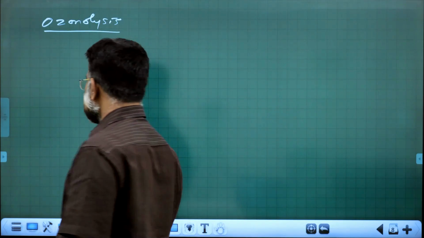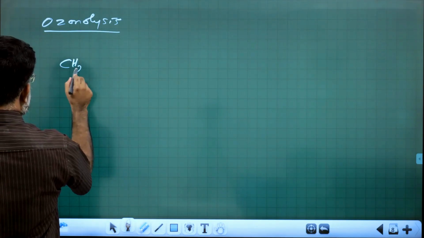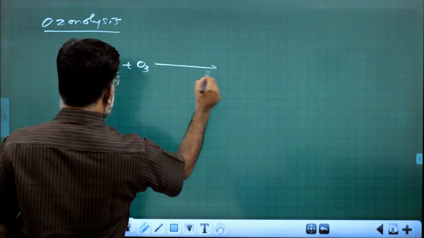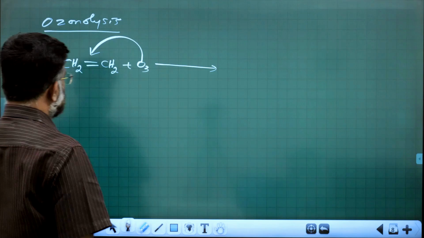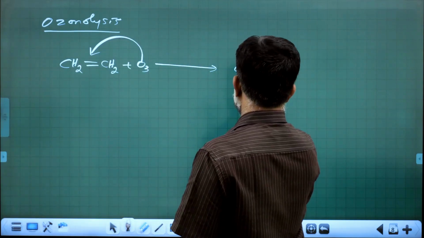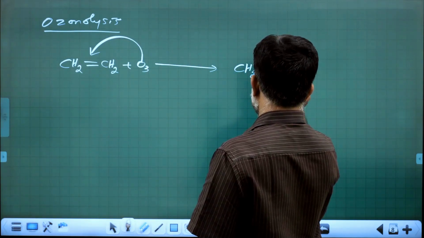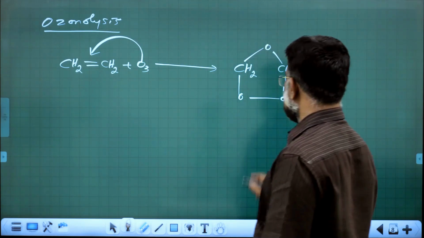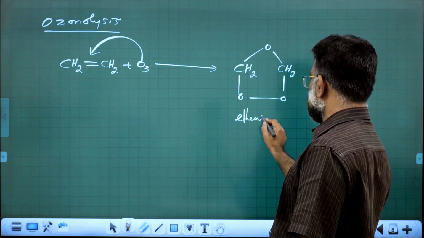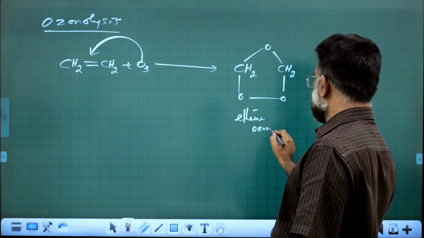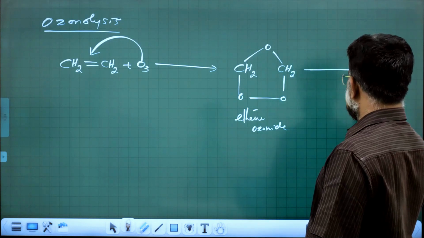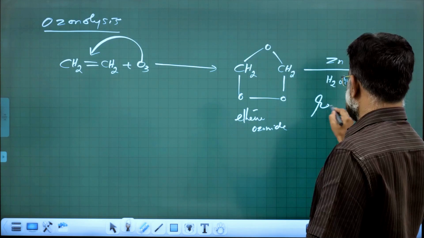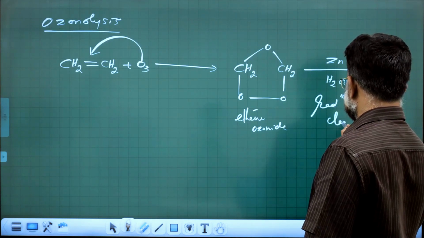Right? The simplest reaction we know, it is ethene added with ozone. Ozone adds across the double bond using 2 bonds. You get ethene ozonide. And that ethene ozonide, when treated with zinc and water, it is called reduction cleavage.